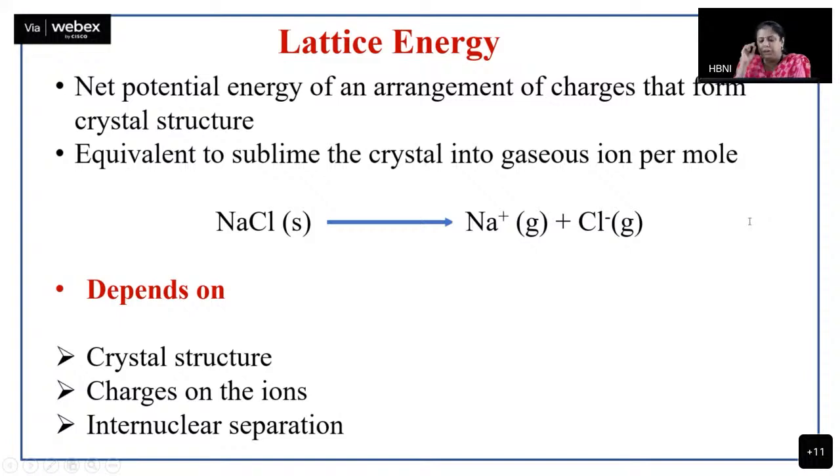So Gunjan asks, since she has messaged privately, how do we correlate various HCP, CCP packing with the Bravais lattice? The Bravais lattice actually gives you, we can do that, but this involves a little higher level of crystallography and is a little out of scope of this course.